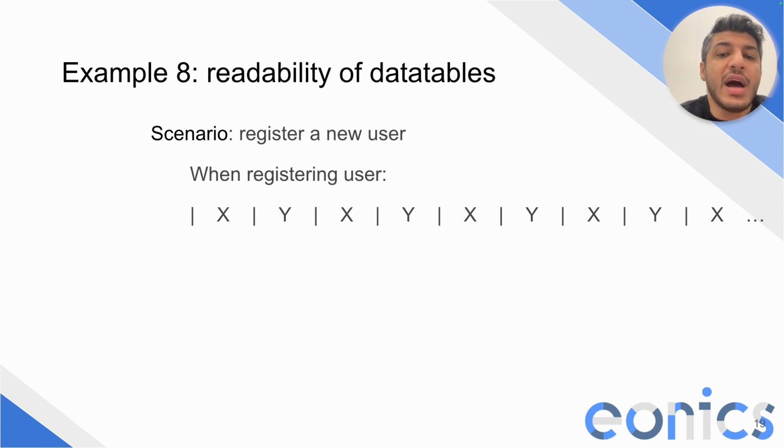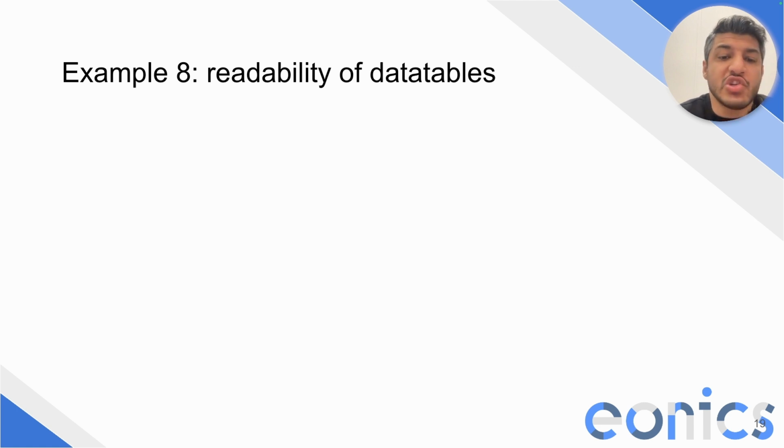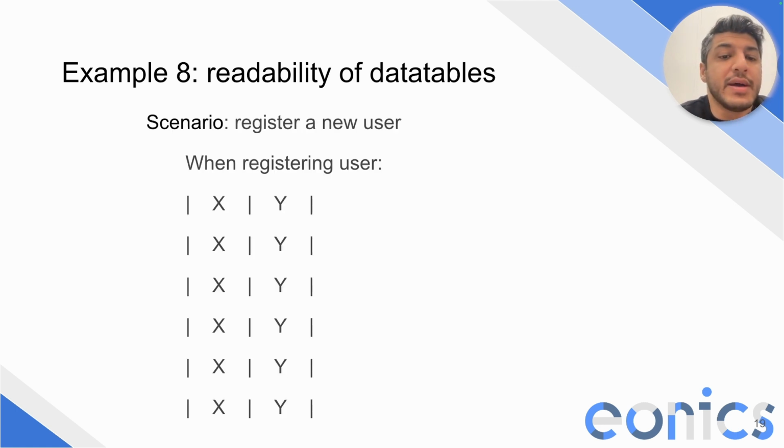But if you do not have multiple rows that you want to give in your data table, then I would suggest using a vertical data table. What this does is make it more readable. You don't have to scroll to the end of the screen to make sure you see all the data. This way you can easily see it.